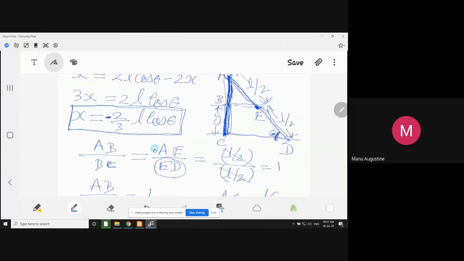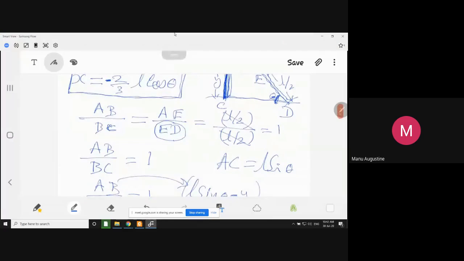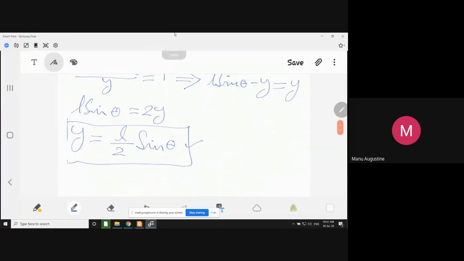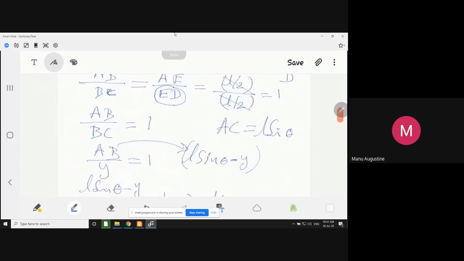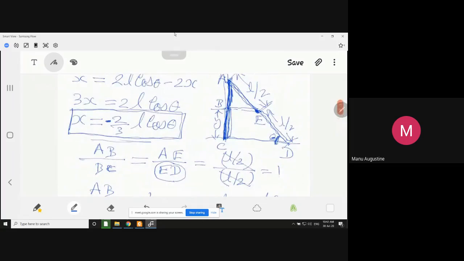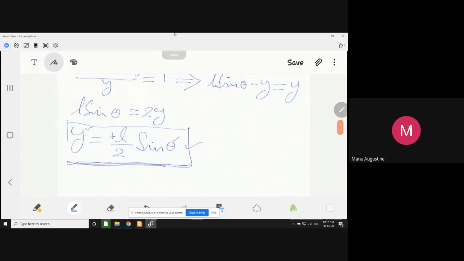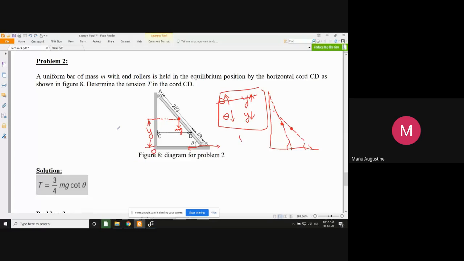So for this part, y is equal to L by 2 sine theta, I will keep it as positive only because theta and y have a direct relationship. So now I have corrected the sign of the relationships for x and theta and for y and theta. And now let us move on to the next step and see what it says.